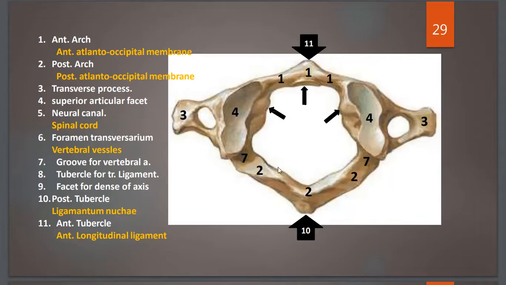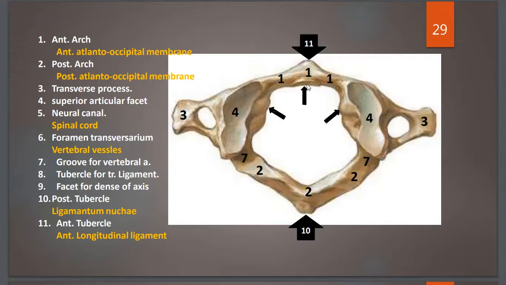Number 8 is not shown, but that is the tubercle for the transverse ligament. This area which has not been numbered, but two arrows have been shown, is nothing but the tubercle for the connection of the transverse ligament, which I have shown as a yellow line. If you play back, you will see that transverse ligament.